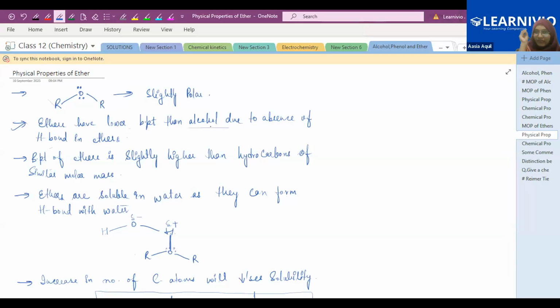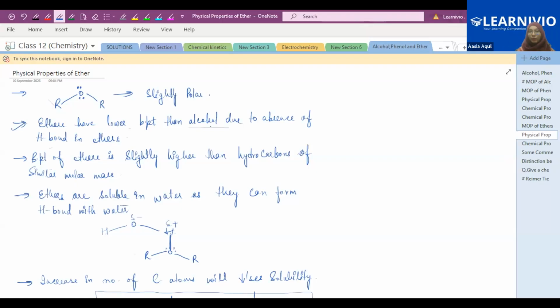In ether, the hydrogen bond is absent, and you know very well, what happens in alcohols? There is hydrogen bonding. Hydrogen bonding is present, and it is quite strong compared to ether. So due to the more force of attraction in the alcohol, the alcohol has a high boiling point as compared to the ethers.